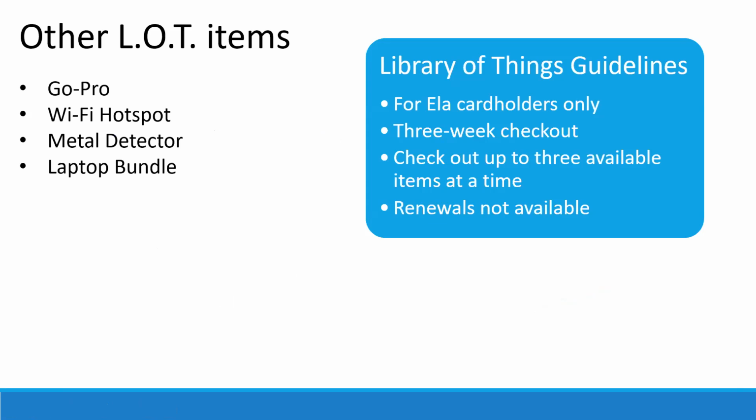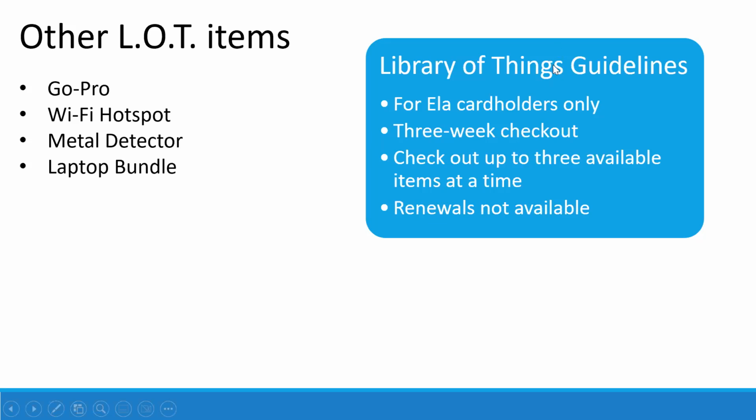You can bring it on a trip and have Wi-Fi wherever you are. We also have a metal detector and laptop bundle. So you get a laptop and the accoutrements, if you will, the things that come with the laptop.